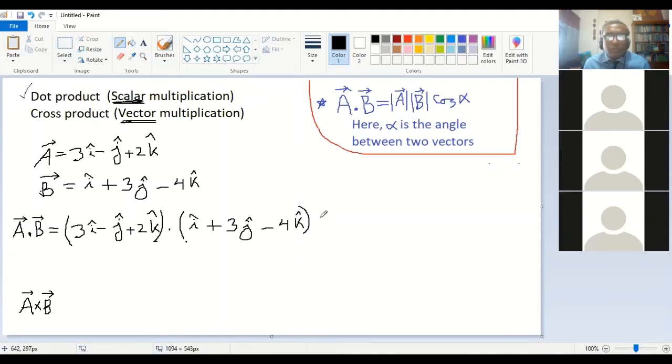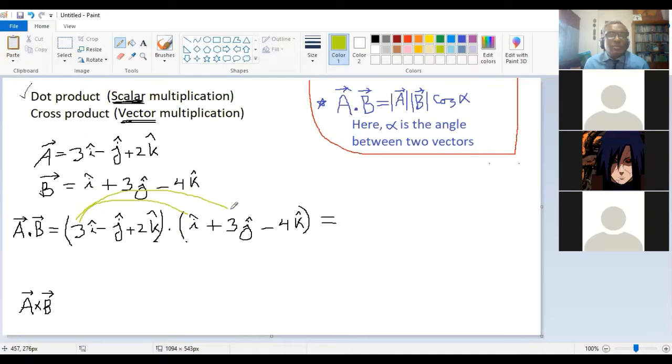So what will be the calculation? The calculation will be everything with everything. That means 3i into i and 3i into 3j and 3i into 4k, like that. And then you also multiply minus j into i, and then minus j into 3j and then minus j into 4k.